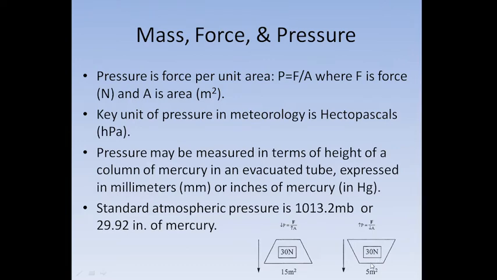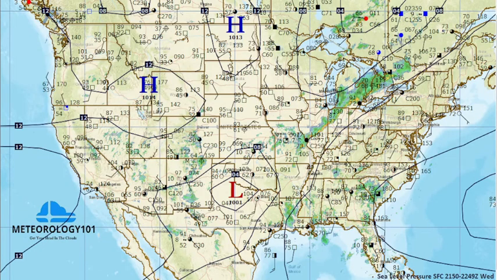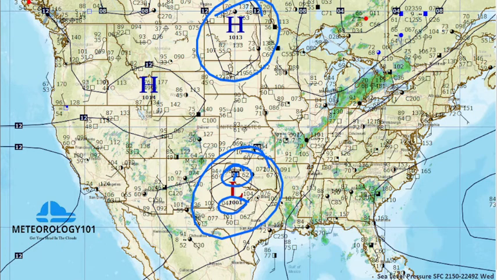So if you look at a high pressure system, let's go back to our weather chart and look at this real quick. Okay, so if we look at this as an example on the surface chart, we can see high pressure, low pressure. So mass over area, for low pressure, you have a lot less mass. You got 1,004 millibars, 1,001 millibar low, 1,013 millibar high. So the pressure is increased because of the mass of the colder air with downward vertical motion over this area.